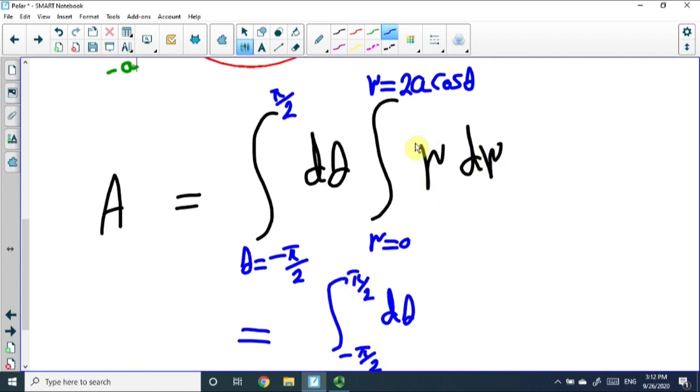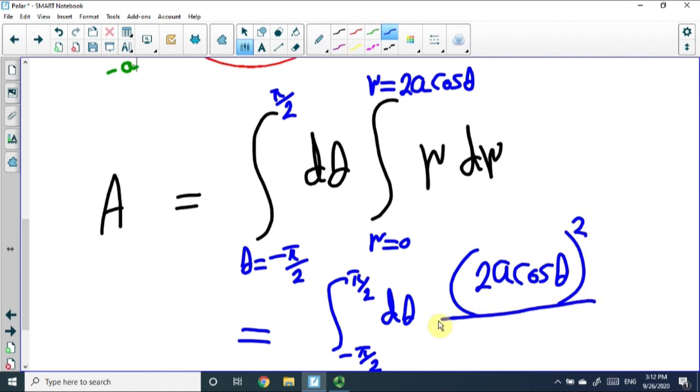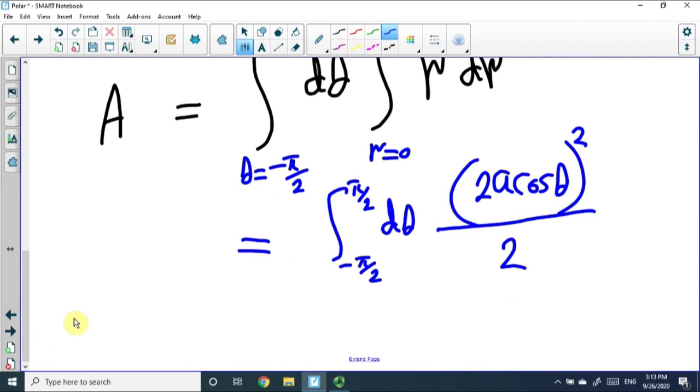I'm going to do the integration over r, which is easy. It will be r squared over 2. Now substituting the limits, I'm going to get 2a cosine theta, squared, divided by 2. So I'm left with this integration, which is equal to, now I have some constants I can take out. So I got 4a squared divided by 2. That's going to be out of the integration.